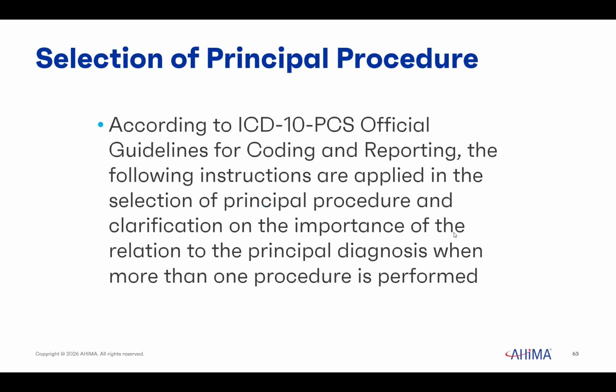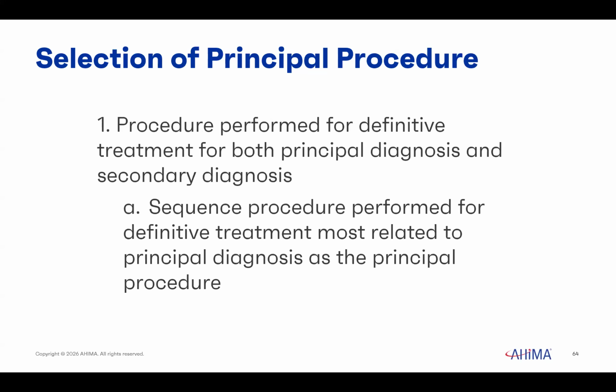So we had principal diagnoses in ICD-10-CM, and likewise, we have the principal procedure according to the guidelines. The selection of the principal procedure is in relation to the principal diagnosis when more than one procedure is performed. What does that mean? It means that we need to have a procedure performed for definitive treatment of both the principal diagnosis and the secondary diagnosis.